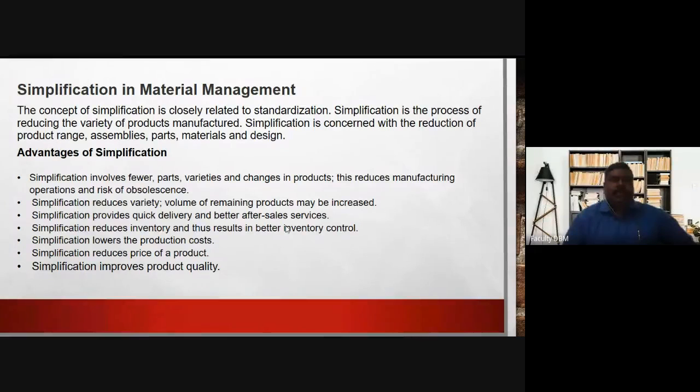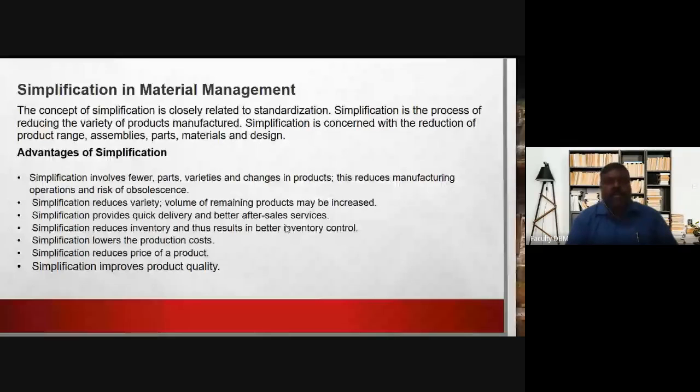Simplification involves fewer parts. The concept of simplification is closely related to standardization. If we want to make the materials very simple, only some varieties are taken, with fewer changes in products. This reduces manufacturing, operation risk, and obsolescence.